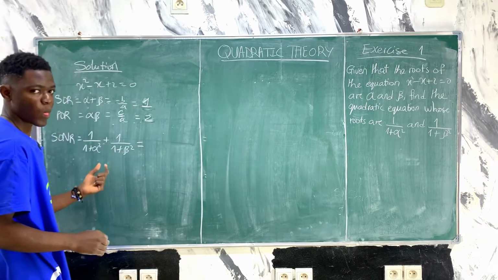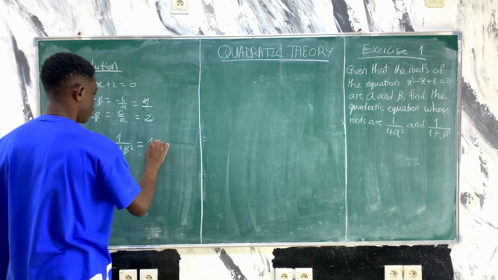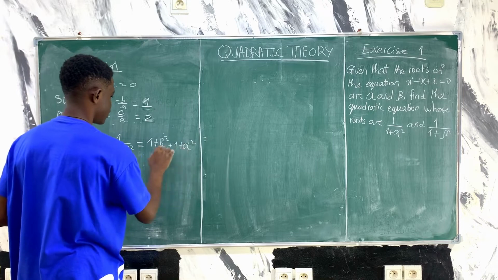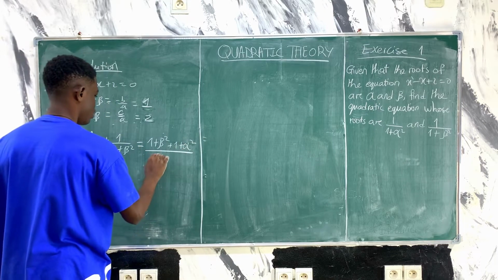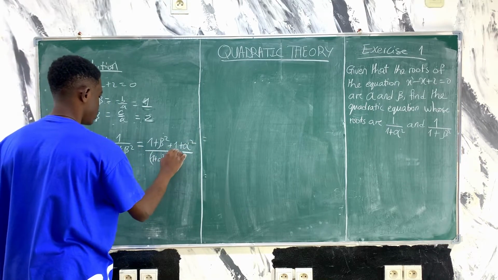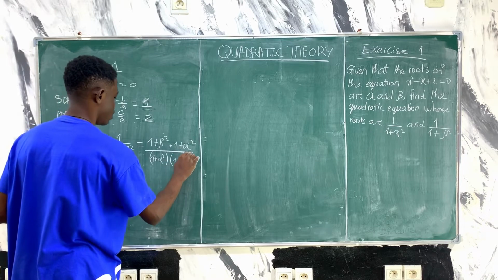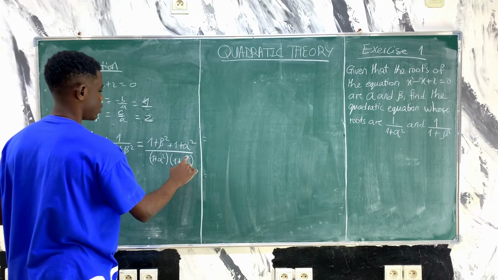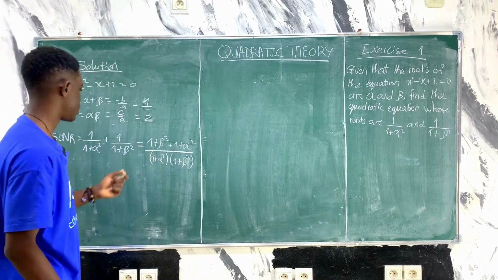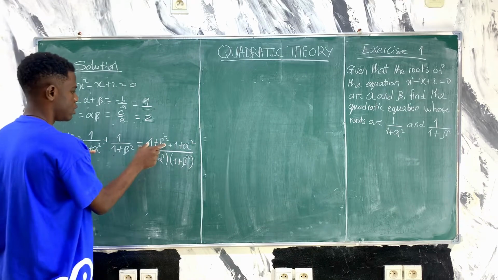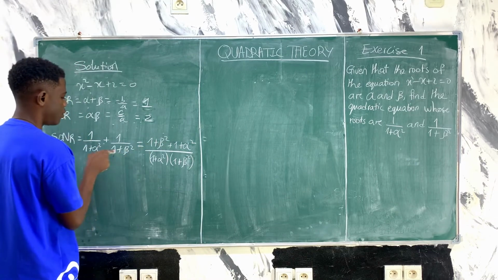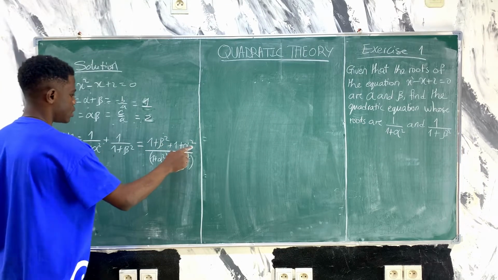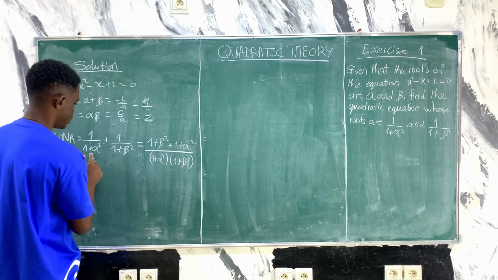If you do your LCM, you are going to have 1 plus beta squared plus 1 plus alpha squared, all over 1 plus alpha squared into 1 plus beta squared. How do I know this? I just copy this here, I do this times this. I have 1 times this is just this, plus 1 times this is just this, divided by this.